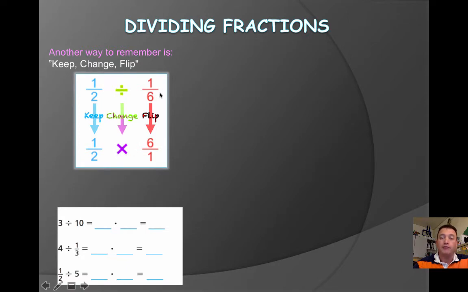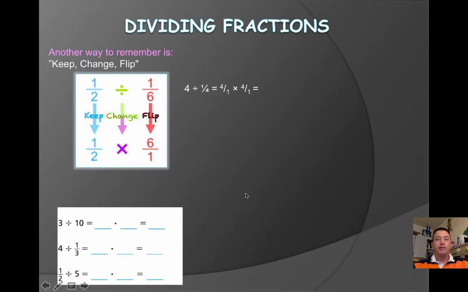And then we flip the fraction, or if it's a whole number, we have to put a whole number with a numerator of 1, all right? So in this case, for this example, it'd be 1/2 times, and now we turned 1/6 into 6/1. That would be 6 divided by 2, or 6/2, which would end up being 3 if that was the answer for this one. So let's take a look at that in action.